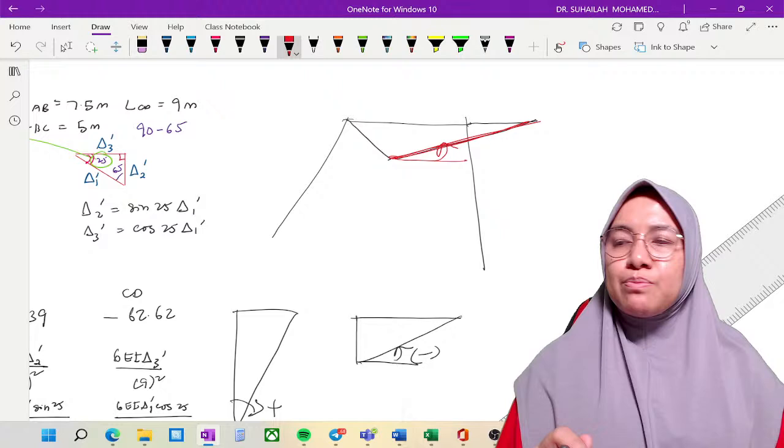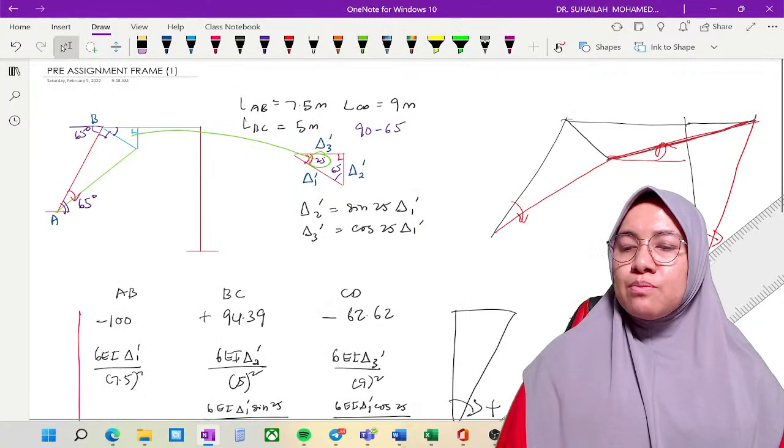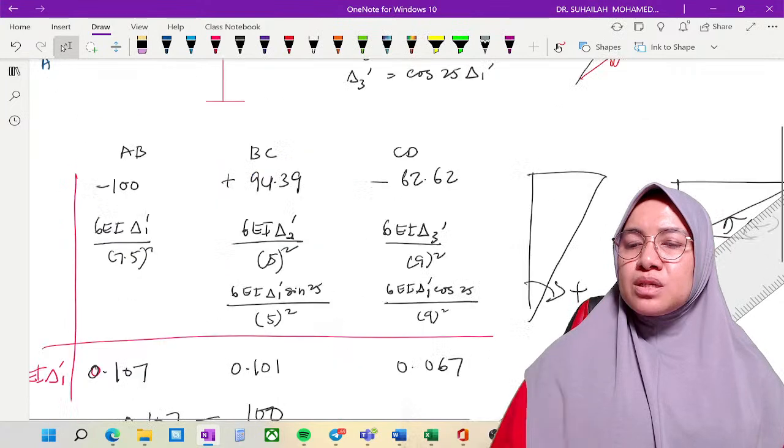The same goes for this. That is the most important thing: we have to use the right behavior for FEM, so it must be negative, positive, and negative.